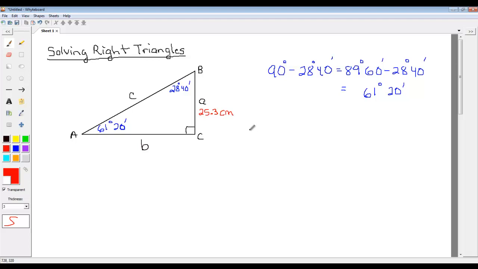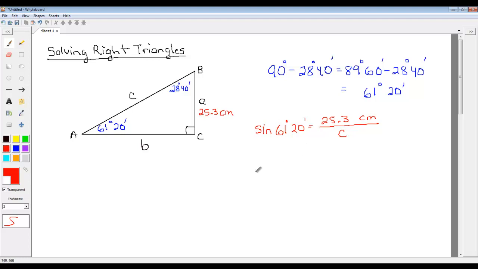If we do the sine of 61 degrees 20 minutes, sine is opposite over hypotenuse, so 25.3 centimeters over the hypotenuse C. And we can solve that for C.